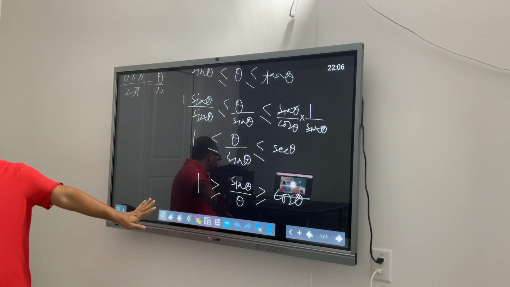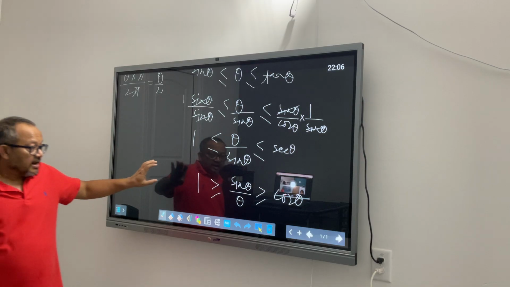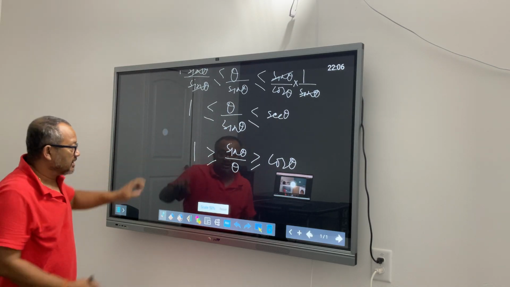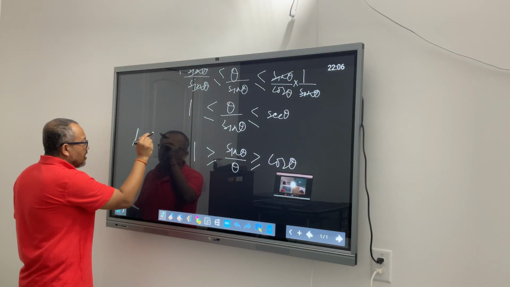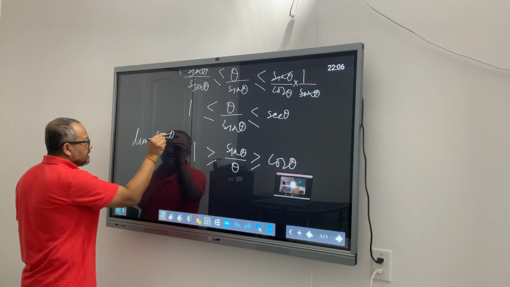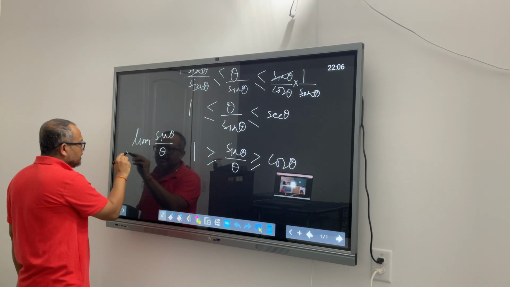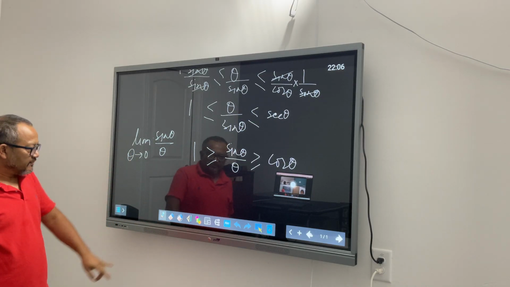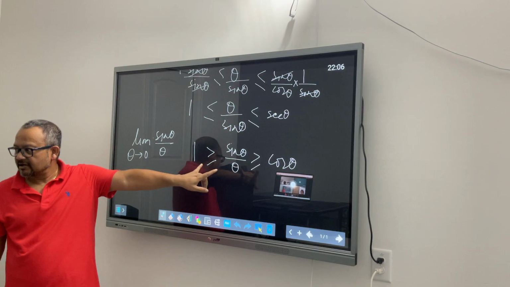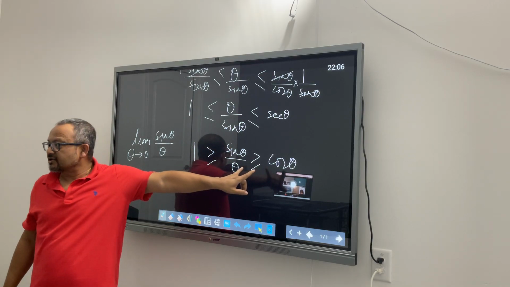Are you okay so far? Now we are trying to find the limit. See, we have to find the limit of sin theta by theta when theta is approaching 0. Okay? We have a perfect spot to use the Squeeze theorem.